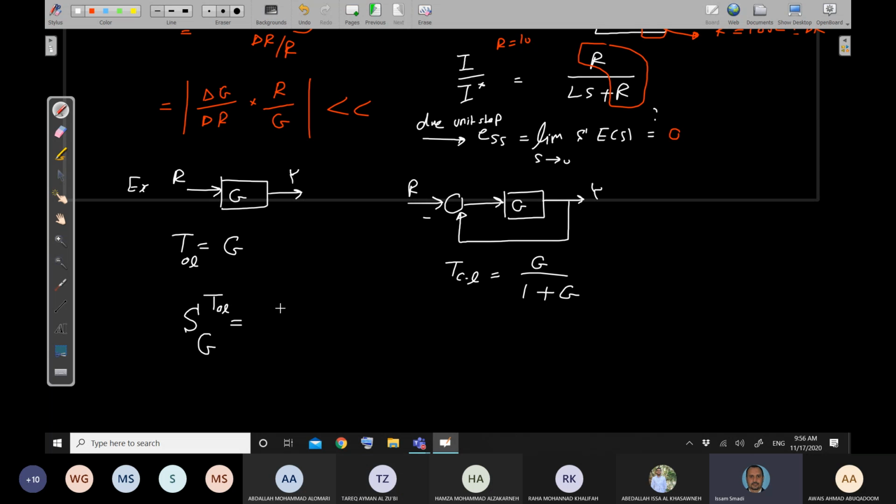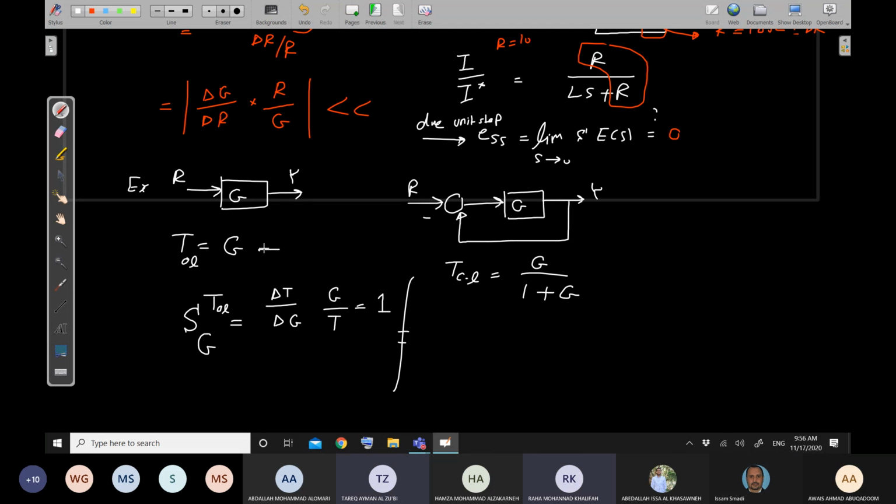So this will be delta T over T over delta G over G, and since G equals T, this equals delta T over T. And delta T is delta G, man. So this equals 1.